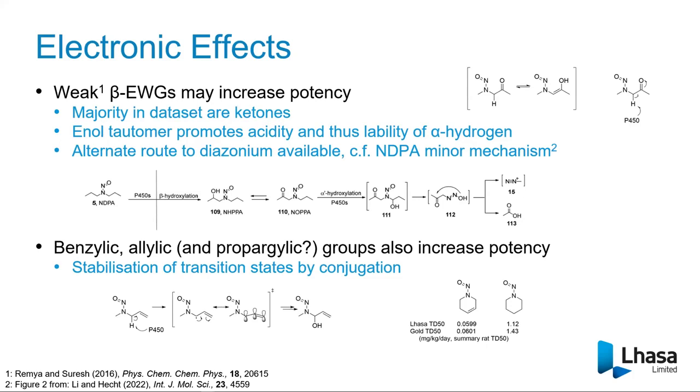So if you look at the transition state shown in the middle of the bottom figure, you have essentially a 3-center electronic orbital, which dramatically stabilizes that transition state. I think you get something like a 10 kcal per mole effect on bond dissociation energy for an allyl group versus a saturated system. And that makes the allylic and other systems much more reactive. If you look at the overall carcinogenic potential, compare the tetrahydropyridine with nitrosopiperidine, there's substantial difference in potency there.